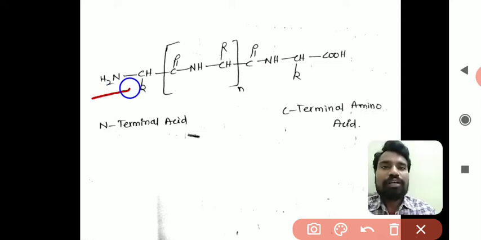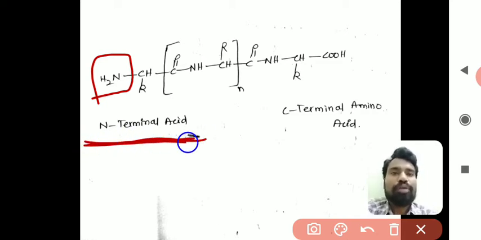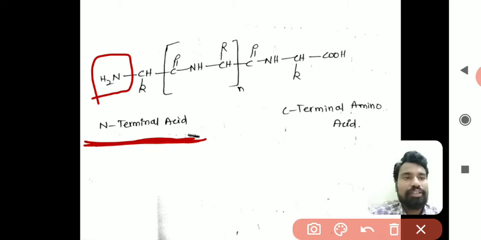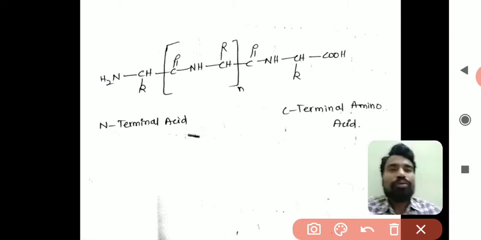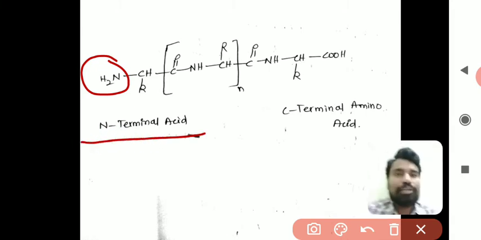So here this amine group is free for the first amino acid, so this terminal is called the N terminal of the polypeptide chain, right? Where the amino group is free, that is called the N terminal.